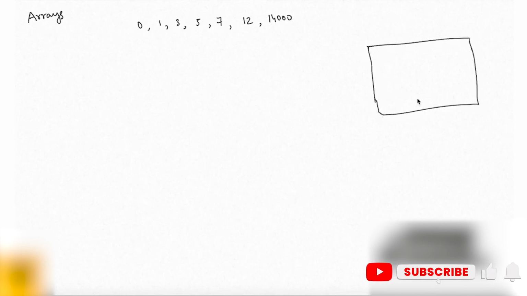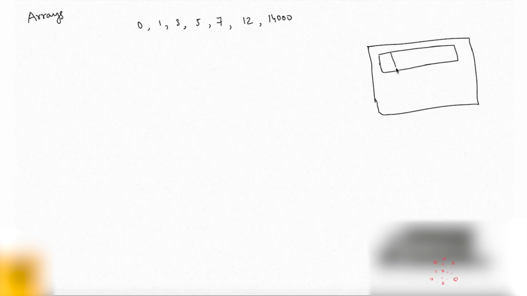How many different numbers do we want to put in our array in this example? That will be 1, 2, 3, 4, 5, 6, 7. So this array would be 7 elements long. What would happen is that in your RAM, one big piece of the memory would be taken and divided up into 7 different parts.